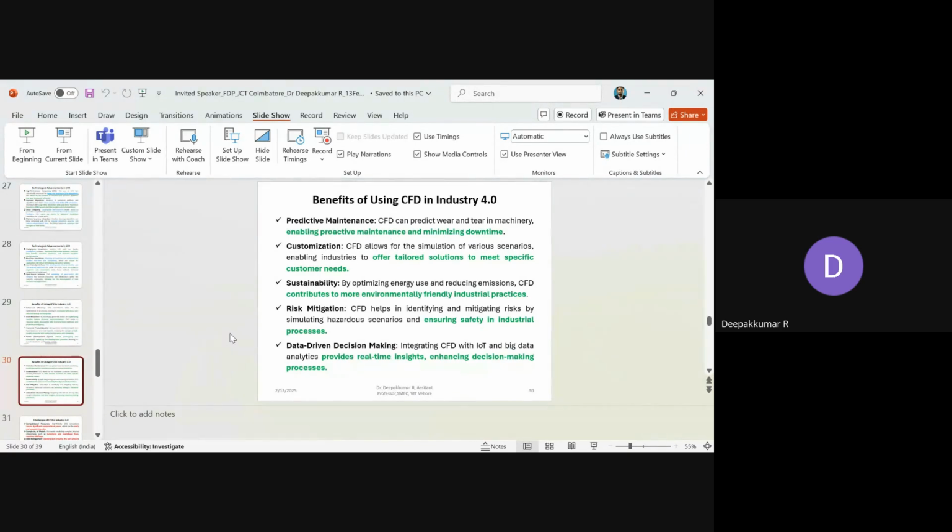And data-driven decision making: integrating CFD with IoT and big data analytics provides real-time insights, enhancing the decision-making process. So based on the CFD results, the data will be processed in a sequence of operations, and you can easily plan the operation time and operation period, the cycle of each and every product life cycle.